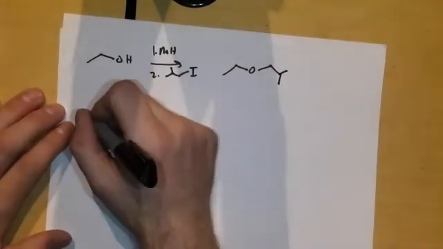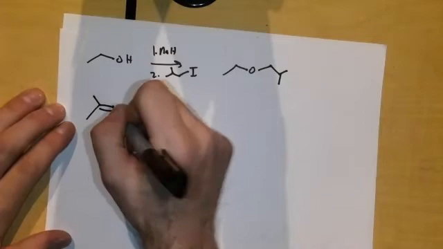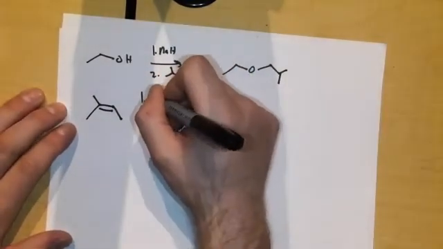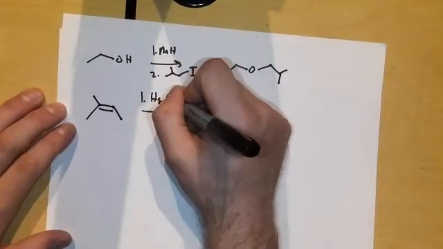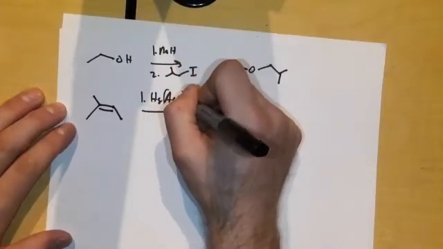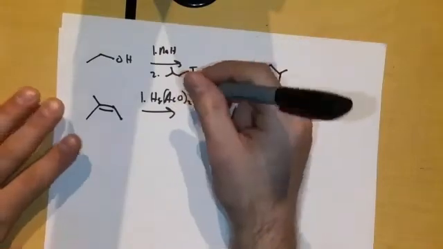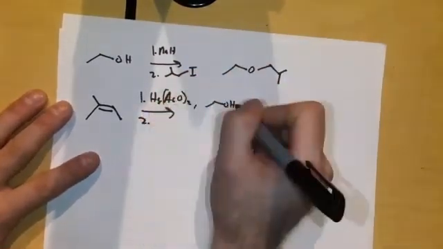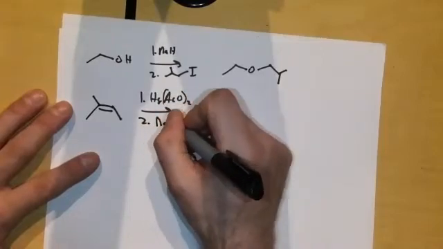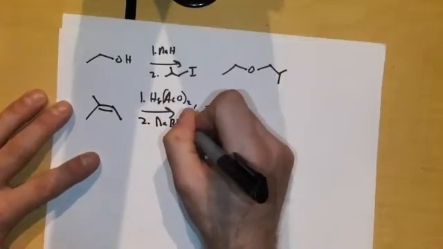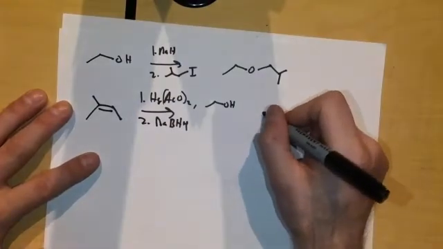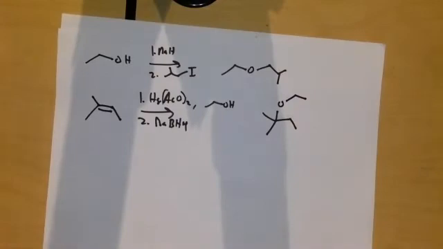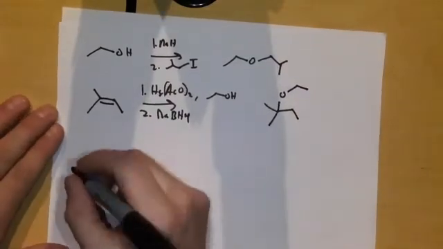You could do it through addition to an alkene, mercury acetate, an ether, or sorry, an alcohol, followed by sodium borohydride. We can degrade them with acid.